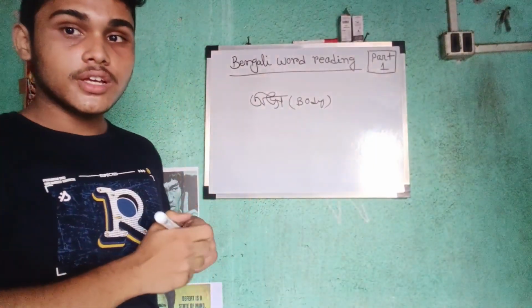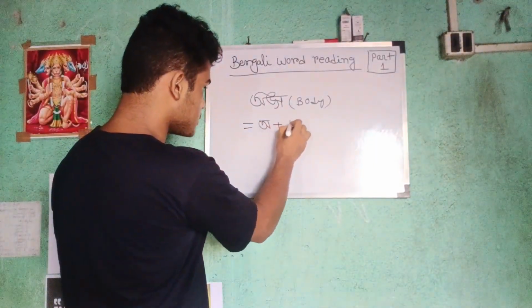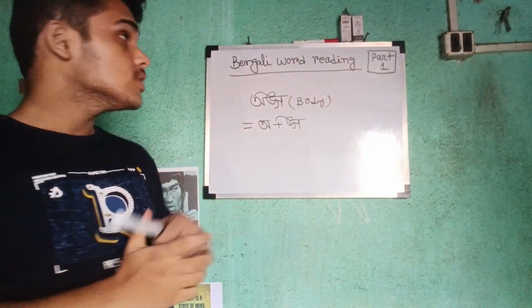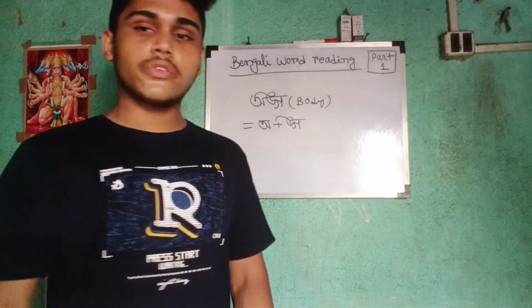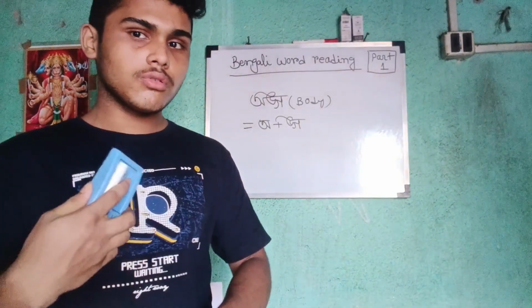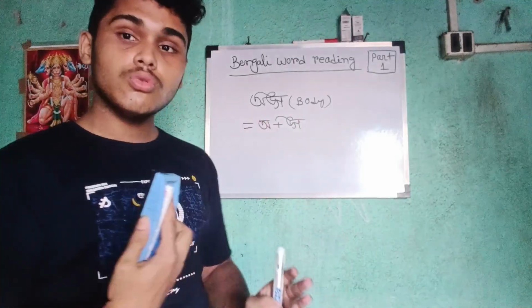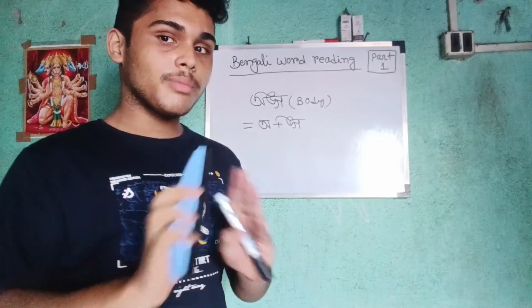What does it mean, body? So we can split it like this: o plus umogo. Okay. So we have learned Bengali word reading today, and tomorrow, not tomorrow, today we will learn part 2, and after that you can read all Bengali words.